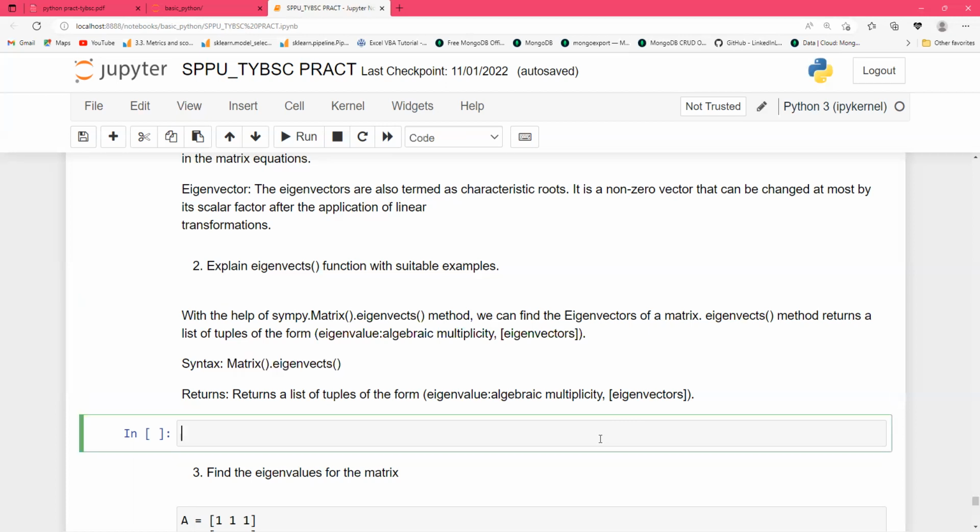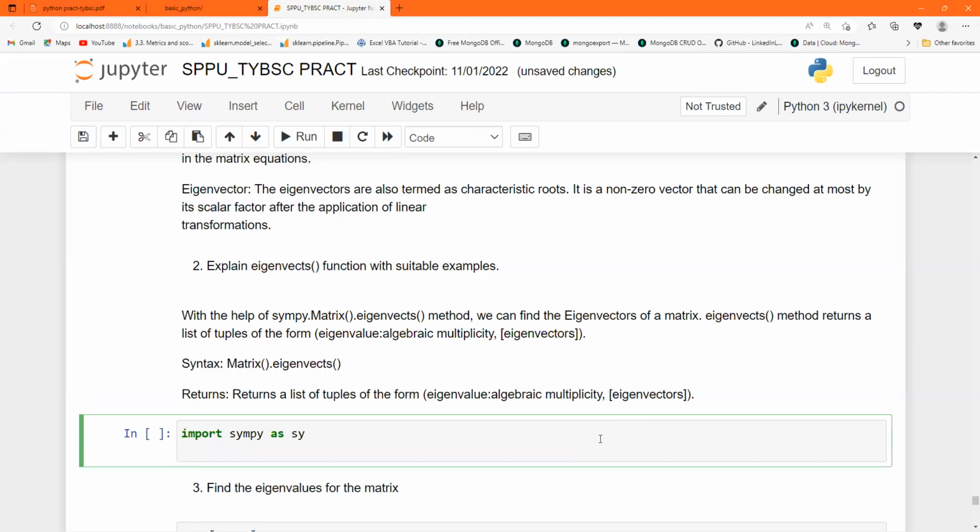Okay, so let us give an example for this guys. I will first import the SymPy library: import sympy as sy. Now I will construct a matrix A. So A is equal to sy dot Matrix, and I want to construct a 3 by 3 matrix.